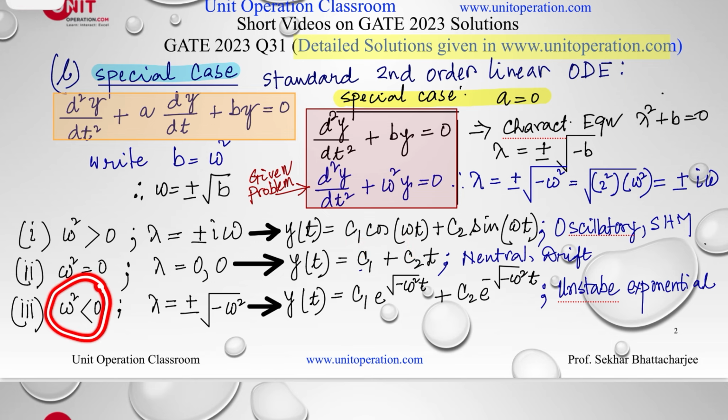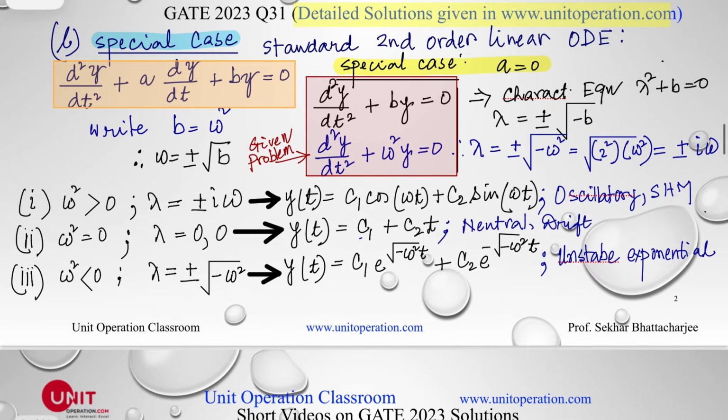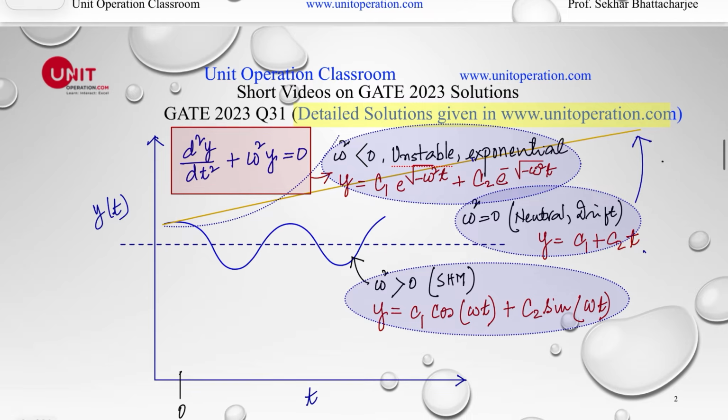When omega square is less than zero, you might wonder how a square can be less than zero. It's the overall value of omega square that is important. If that is negative, then we get this equation right here, and we have seen how that leads to an unstable exponential rise in the deviation, or instability.